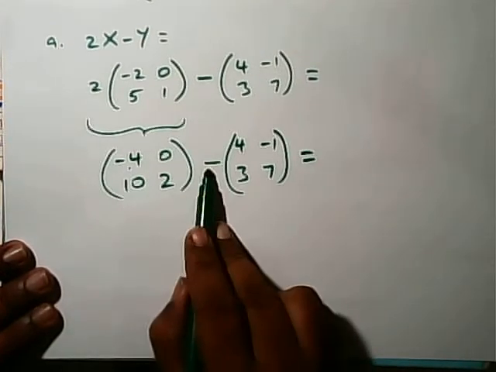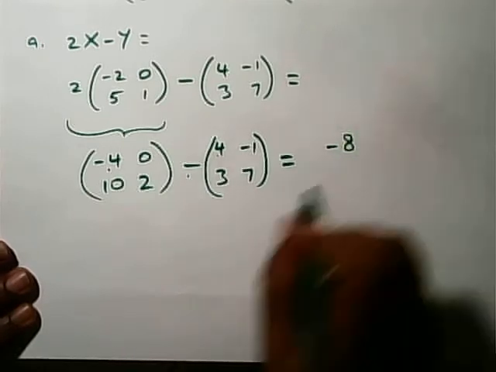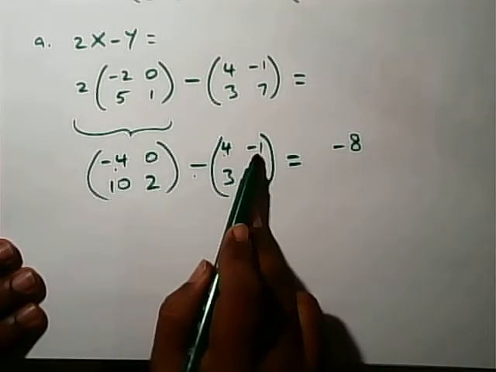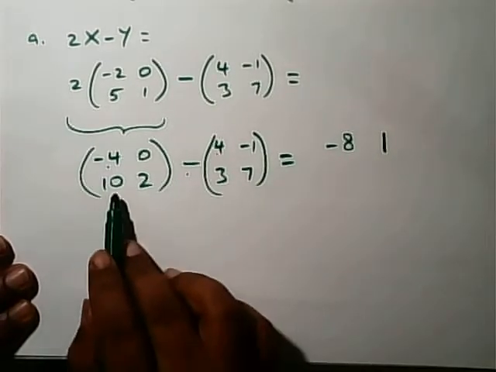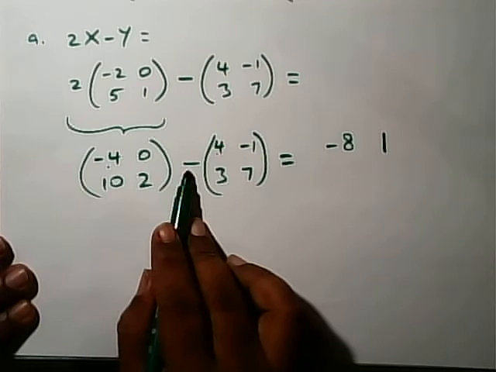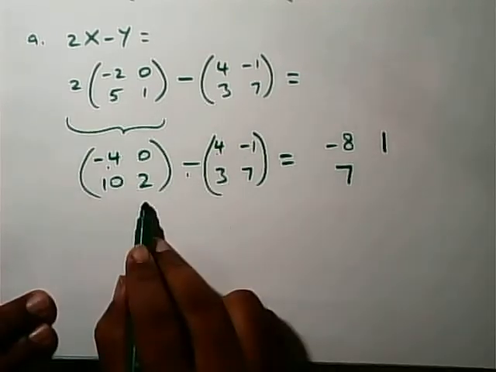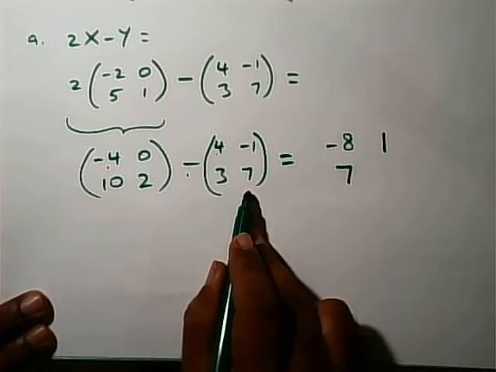Minus 4 minus 4 is minus 8. 0 minus minus 1 is a plus 1. 10 minus 3 is 7. 2 minus 7 would be minus 5.